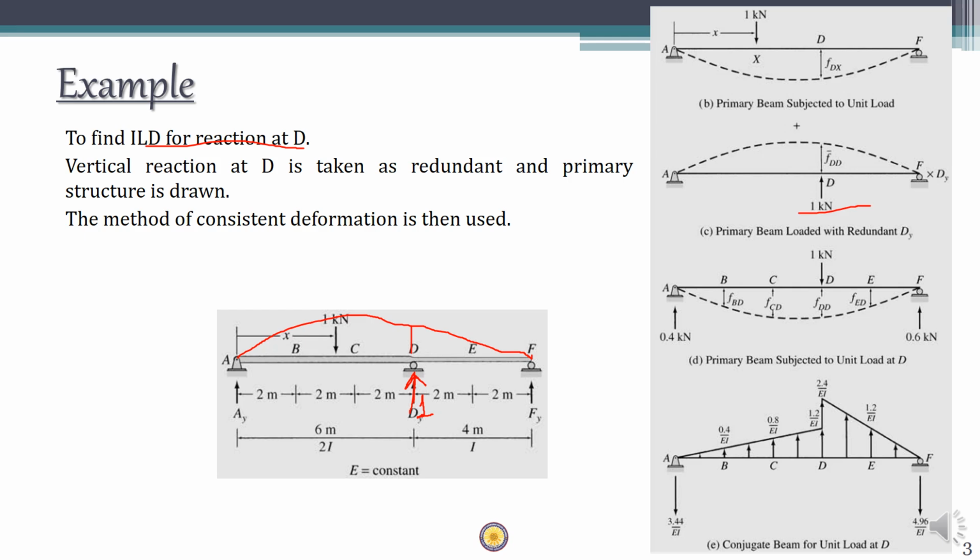When you apply this unit load, please note that the bending moment diagram for this particular case will be a triangle distribution.